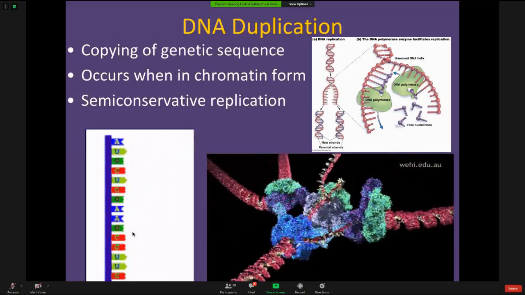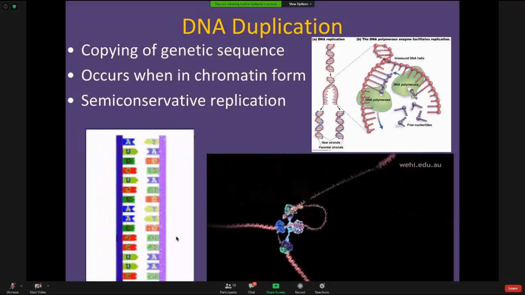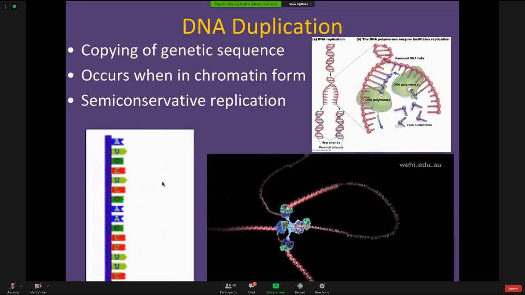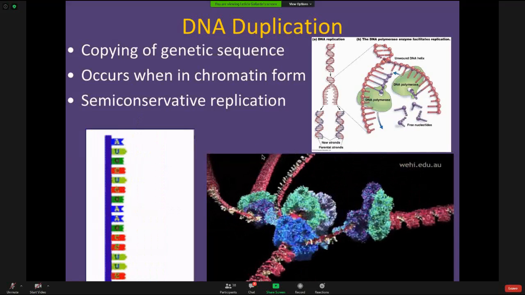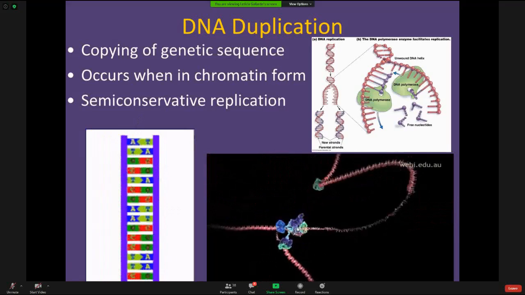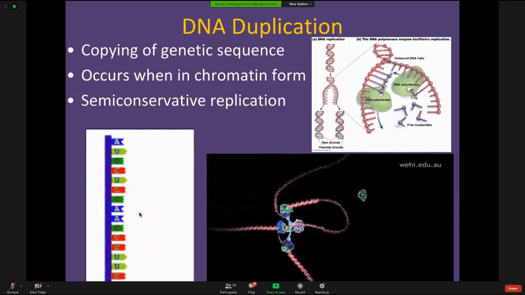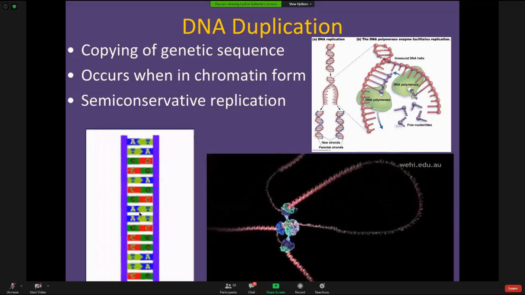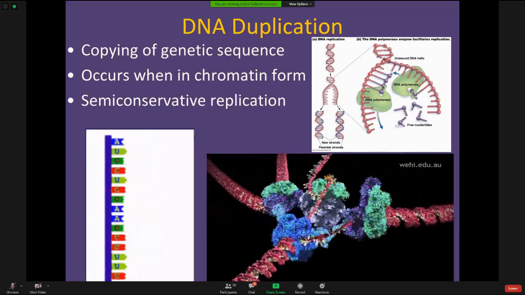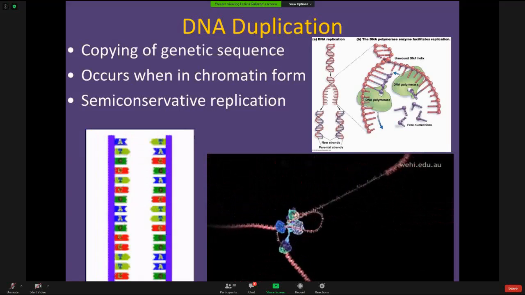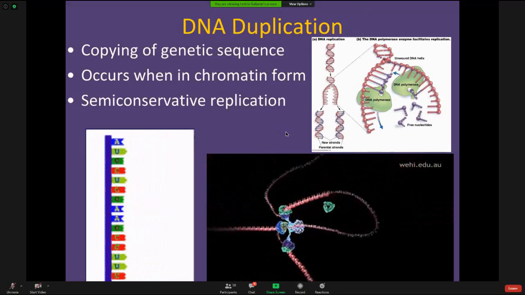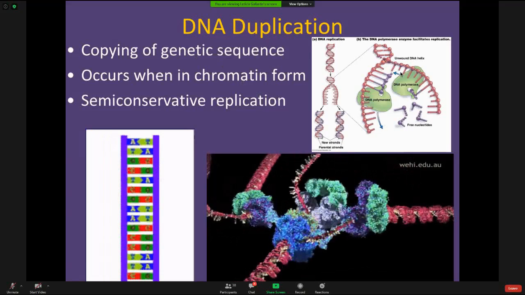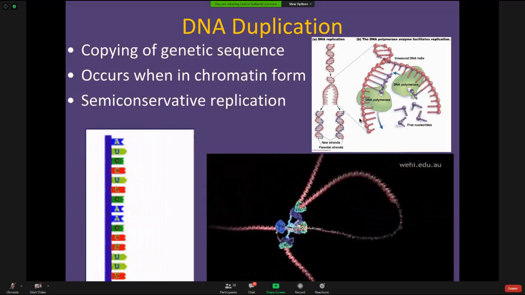And don't worry, we're going to come back and talk about this next lecture in more detail. And you're basically creating two strands, right? So you separate one strand and complementary base pair match it back up so that you have two strands that were made from the original strand. And again, I'll come back and talk about this in more detail when we get to DNA structure and function next class.